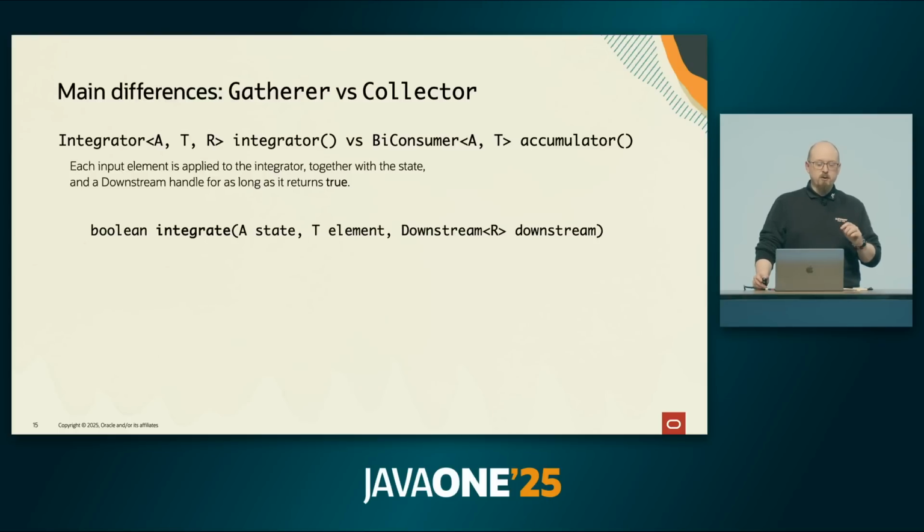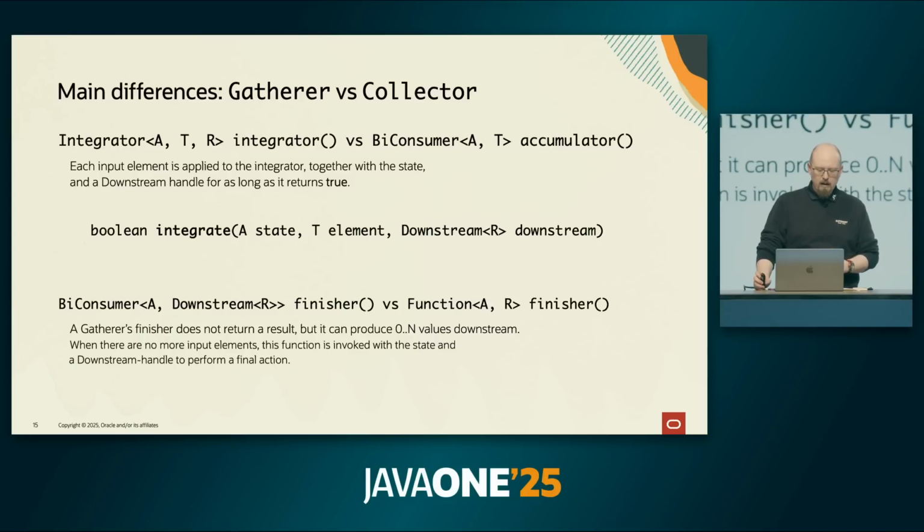But in the collector case with the BiConsumer, we have nowhere to send anything to. We can only accumulate at that point. And then for the finisher part, we get a downstream handle to the next intermediate operation that we can use to push information to.